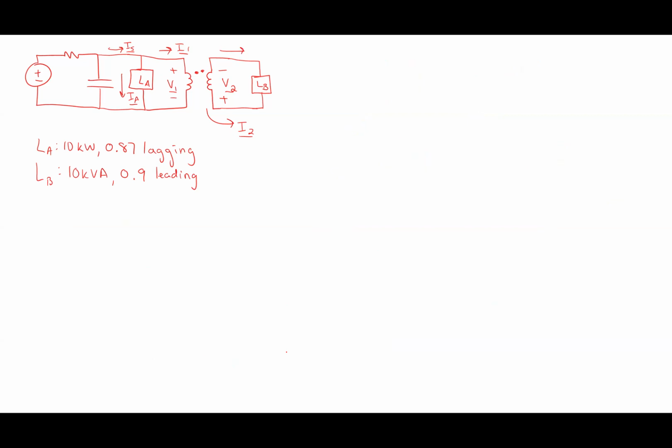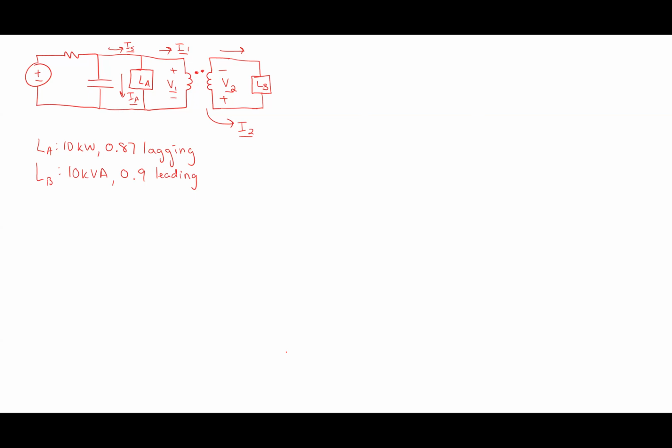Now, what do we do for load A? Same thing, except in this case, what have I been told? I've been told it's 10 kW with 0.87 lagging. All right, 0.87 is pretty typical for a loaded motor. Somewhere between 0.85 to 0.9 is pretty typical for a motor when it's loaded.